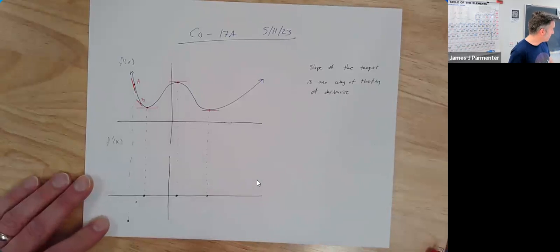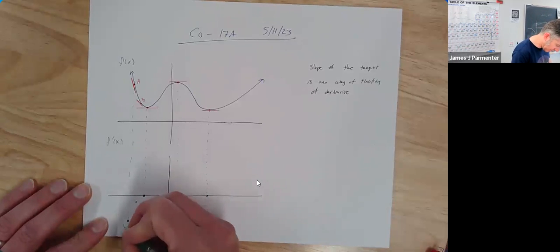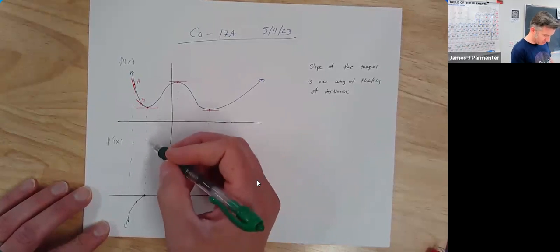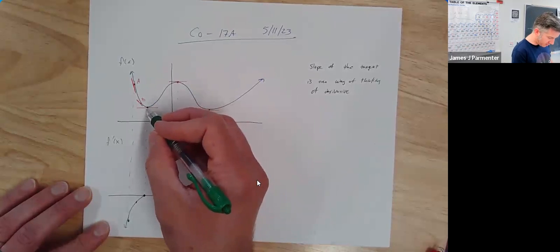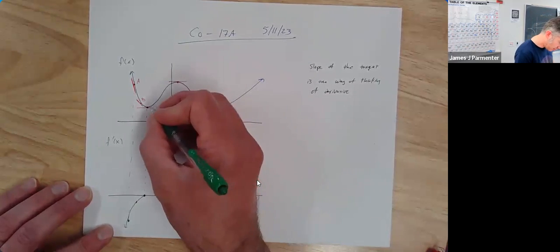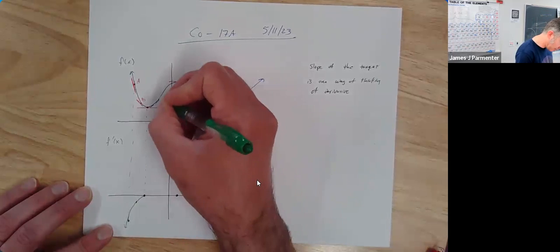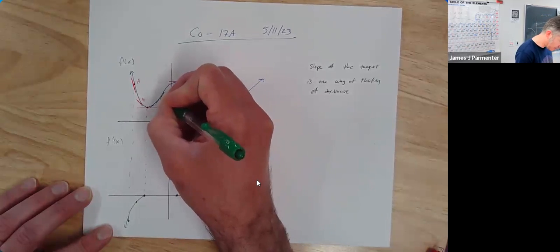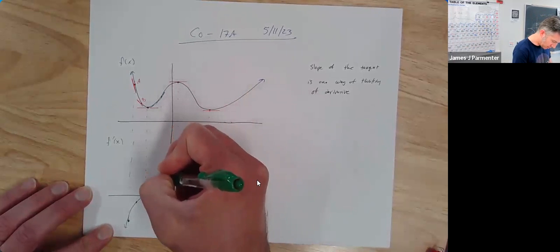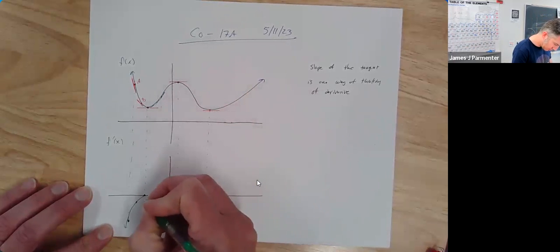Maybe something like that. So we've got something doing this kind of deal. And then we're going to cross into being positive, right? After this point here, the slopes of the tangent lines are positive. A little bit positive, a little more positive, maybe the most positive right about there. So it might do something like this.